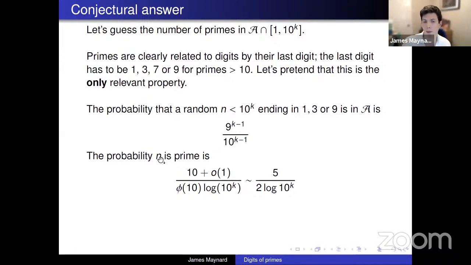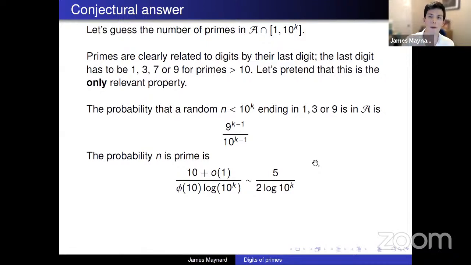Similarly, I can calculate the probability that n is prime, and this is just counting primes in arithmetic progressions mod 10. And asymptotically, this is 5 divided by 2 times log of the size of the numbers that we're looking at, just by Dirichlet's theorem on primes in arithmetic progressions.